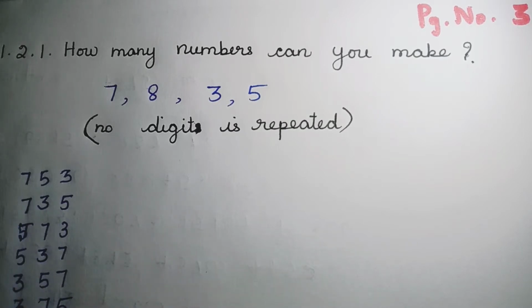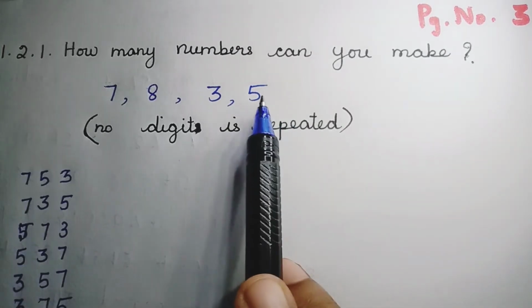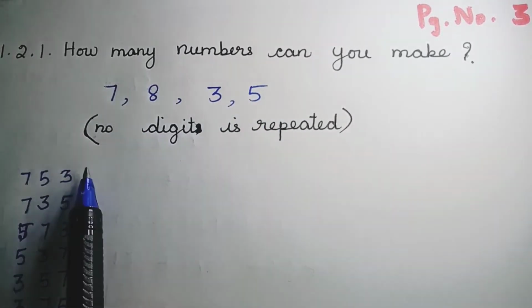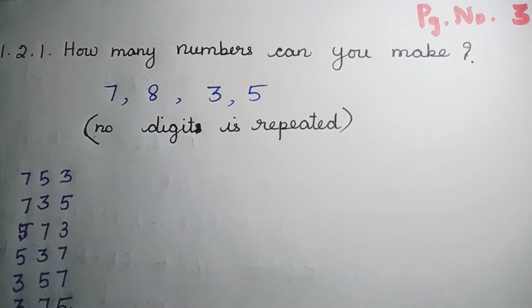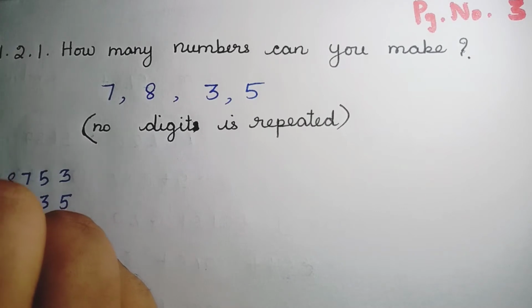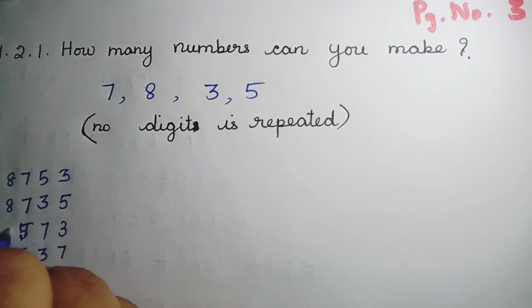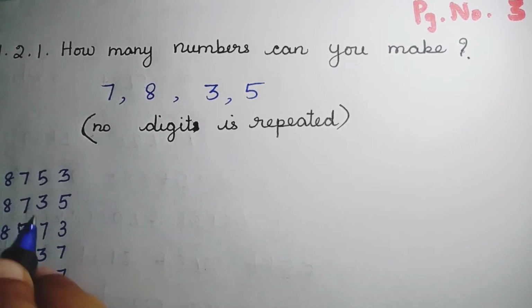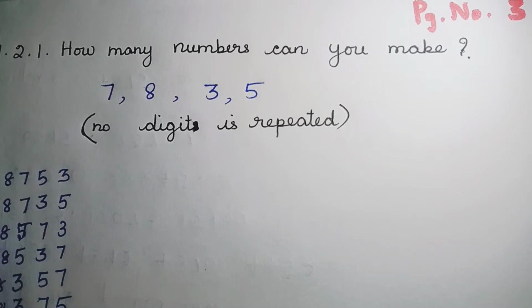Now our task is to find how many numbers we can make using 4 digits. So 3 digits means this is the way, and if you are adding this 8, imagine you have to add the 8 over here. This is one possibility when you are keeping this 8 on the first place, where the first digit should be common.